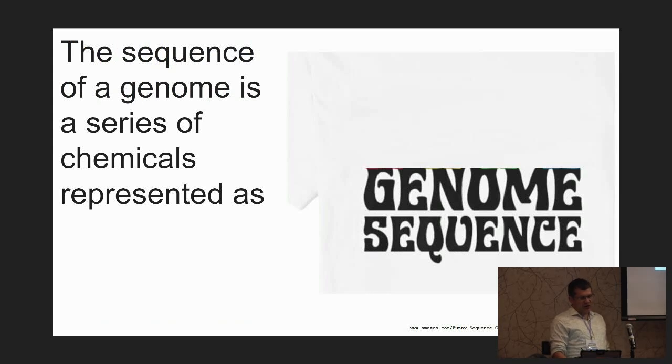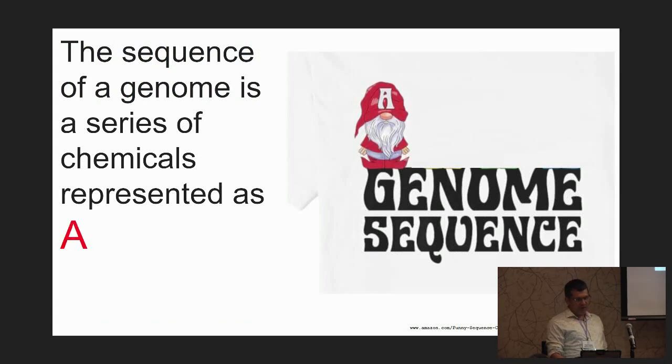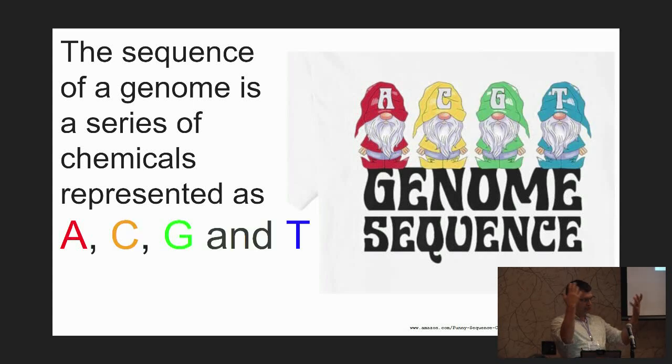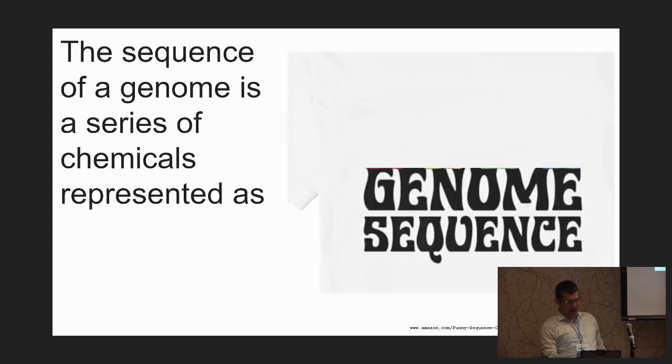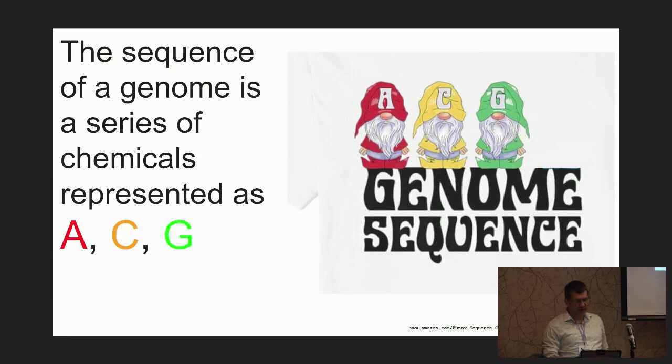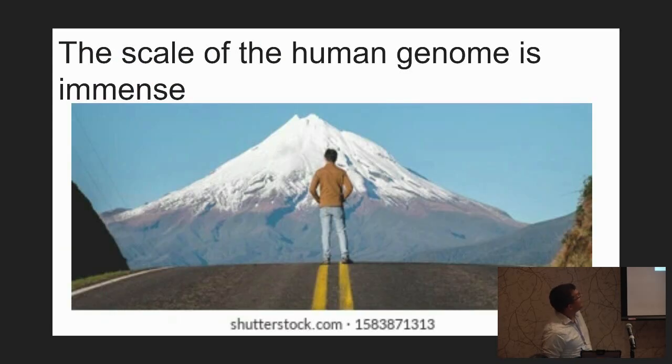As you perhaps remember from biology class, we can represent the sequence of a genome with the letters A, C, G, and T, and that's what it boils down to. All of this, we can characterize as just a sequence of A's, C's, T's, and G's. There's a little bit more to that, but you can take a biology class for that.